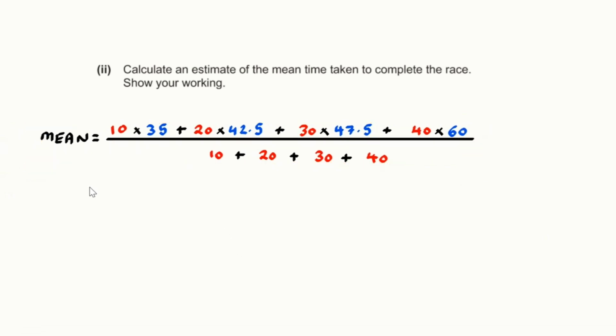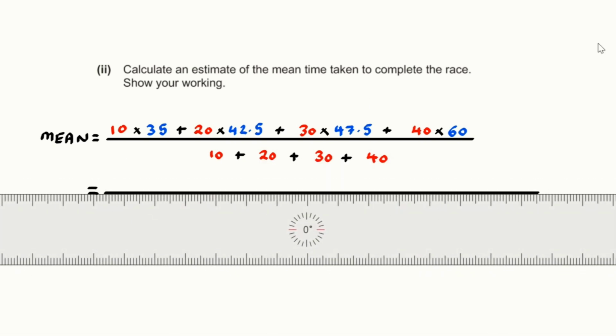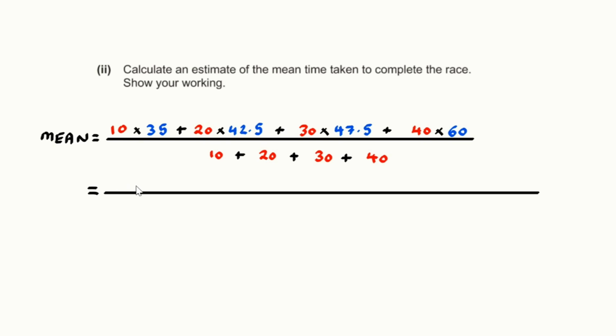So if we work this out, on the top we end up with 350 plus 850 plus 1425 plus 2400.